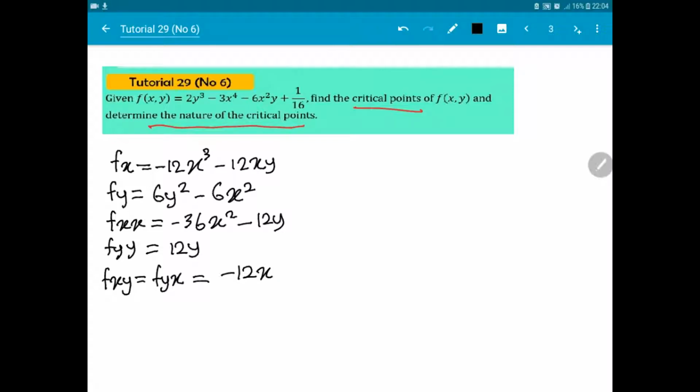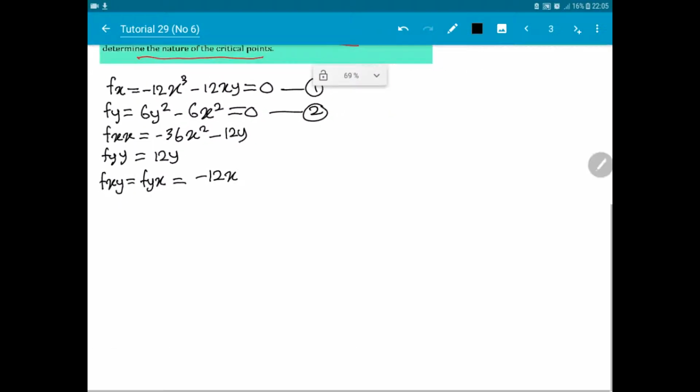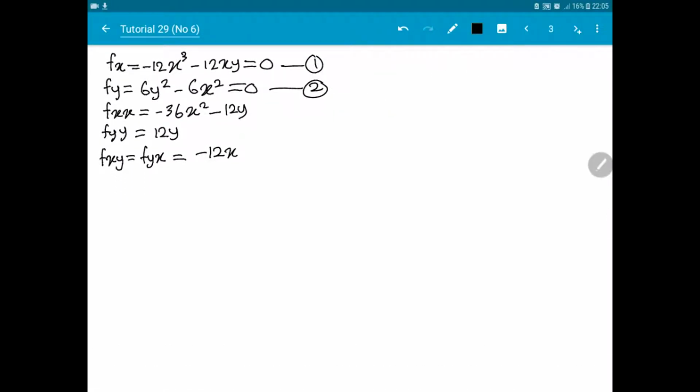To find the critical point, we need to make the first derivatives equal to 0. Both of these we need to equal to 0, and solve them simultaneously, because we have two unknowns here. You can choose either equation 1 or 2, and I will use 2.